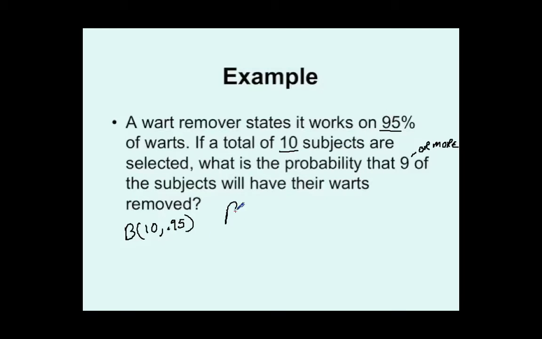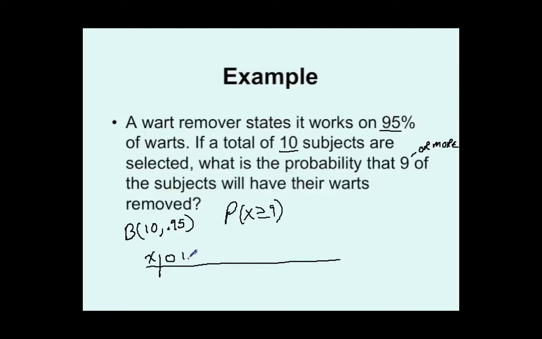In other words, how do we find the probability that x will be greater than or equal to 9? Well, as I've been doing in the past presentations of this material, let's go ahead and write out the binomial model that corresponds to b of 10 by 0.95. Well, we know that it's a discrete distribution, and so if you want to write out its mass function or its probability distribution, you know that the x takes on what? Well, number of successes.